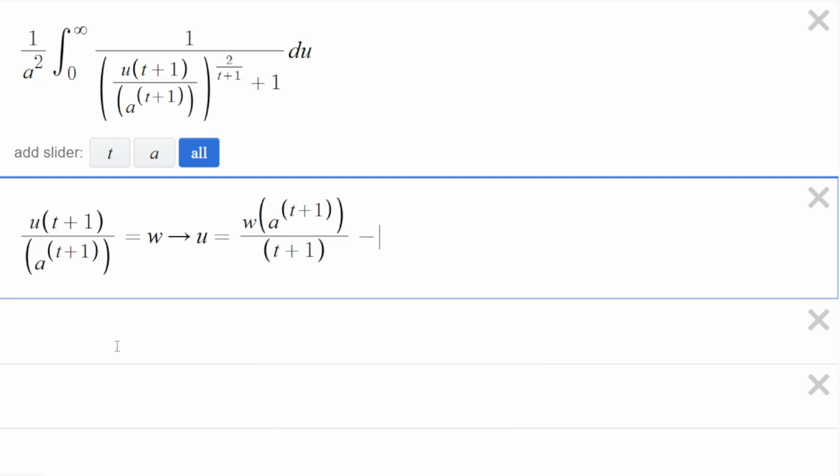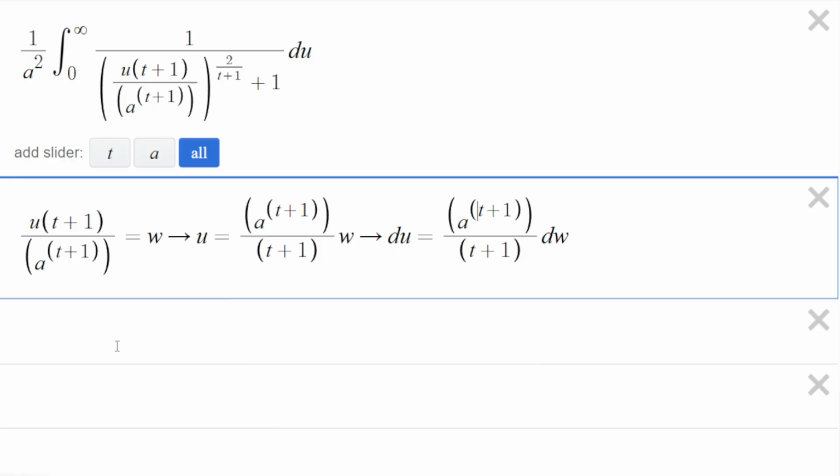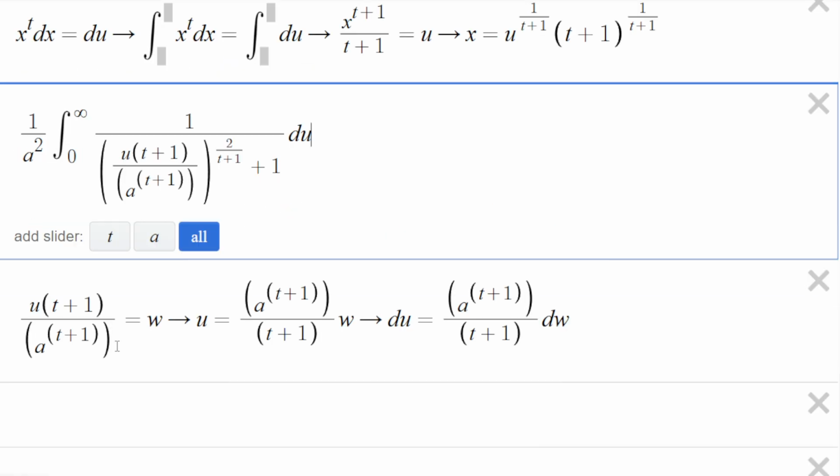And of course, this is going to imply that du is equal to, let's see, this w will come out front. This dw. And let's clean it. We'll leave it like that.